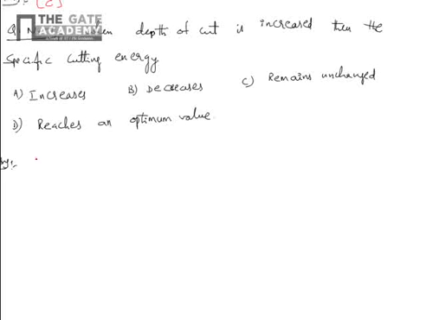So what is meant by specific cutting energy? Specific cutting energy means the amount of energy required for removing unit volume of material. So when you are increasing depth of cut, you can remove more material with the same energy. So when the depth of cut is increased, the specific cutting energy will decrease.